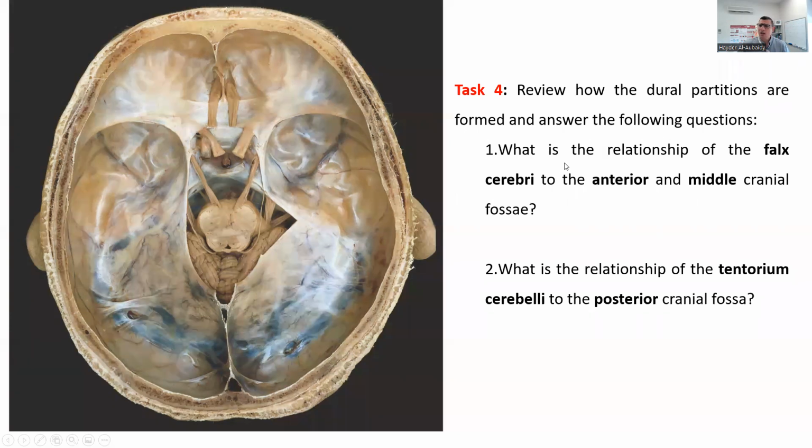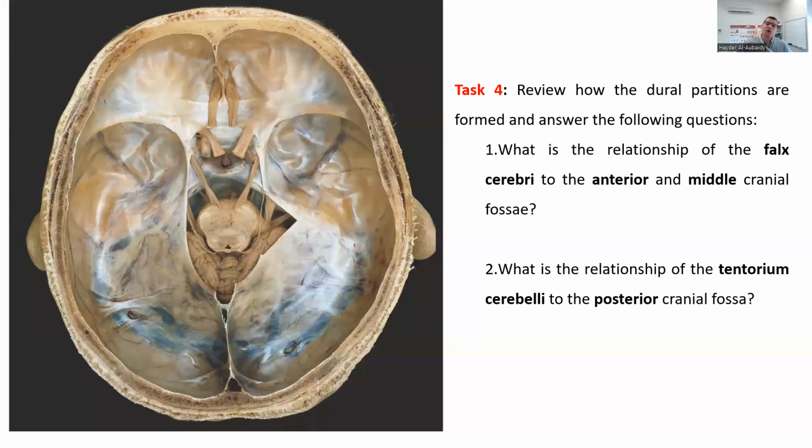Question here: What is the relationship of the falx cerebri to the anterior and middle cranial fossa? So the falx cerebri should sit midline. So what's its relation to the anterior and middle cranial fossa? Would it create the medial wall?